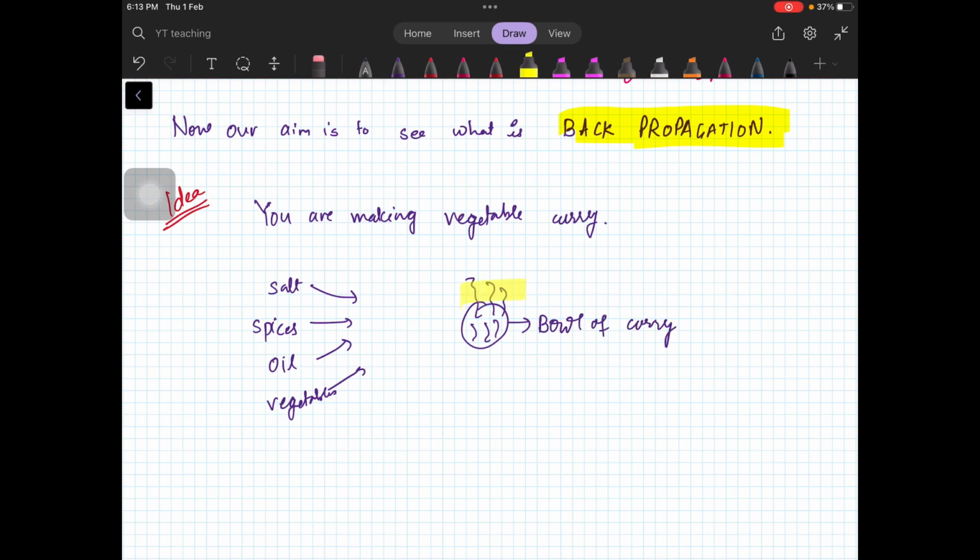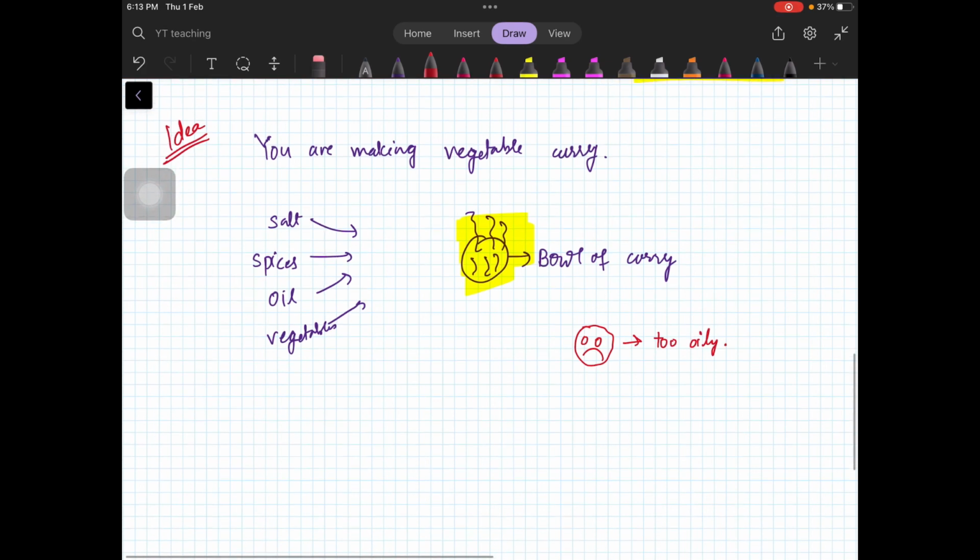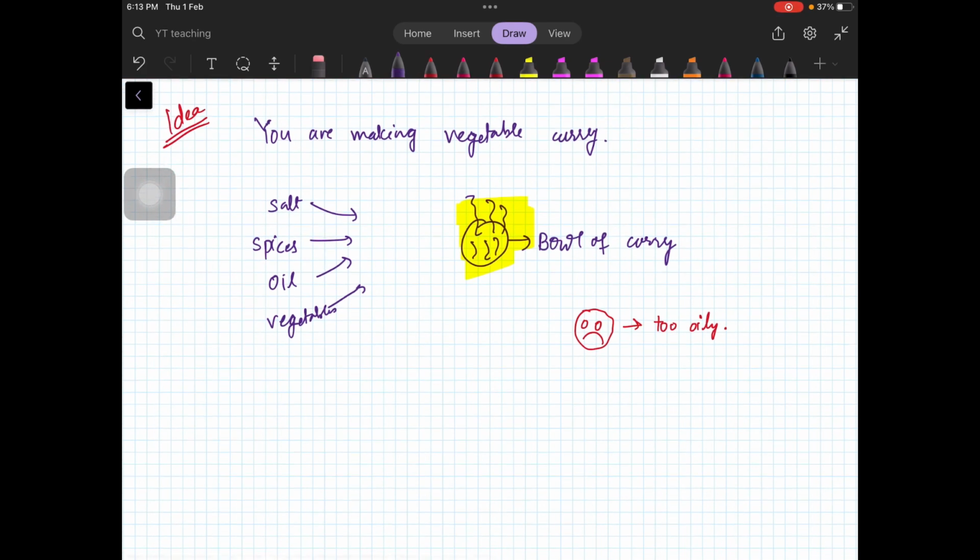But when you taste it, you didn't like it. It's not very tasty. You say that the final dish is too oily. So what are you going to do the next day? You are going to put less oil.